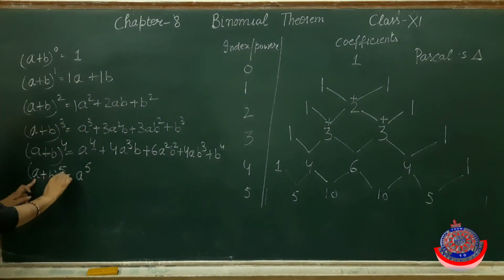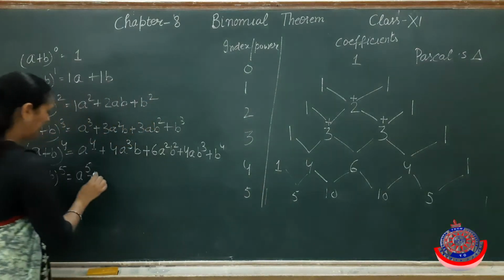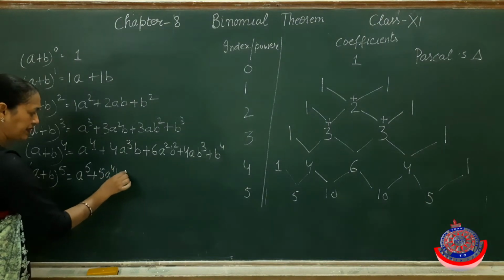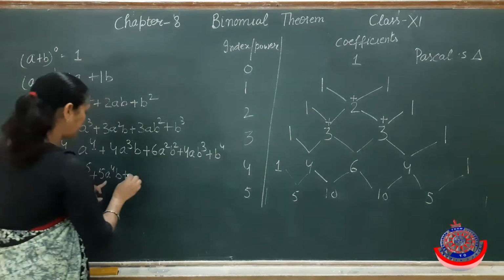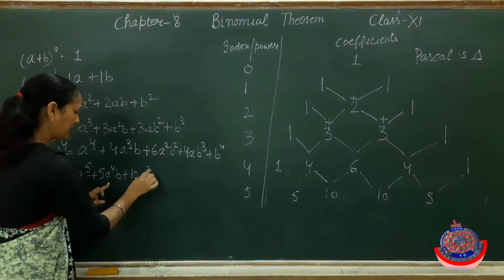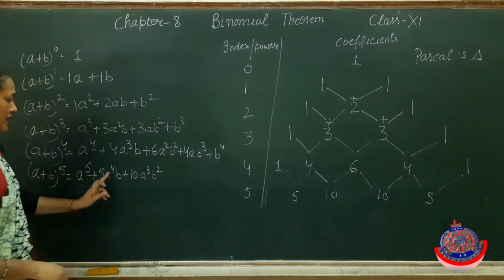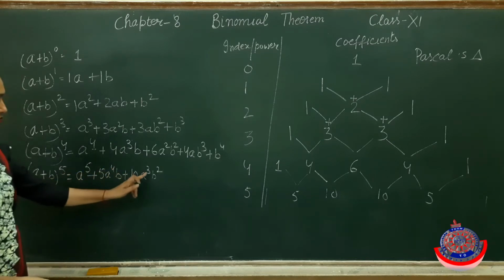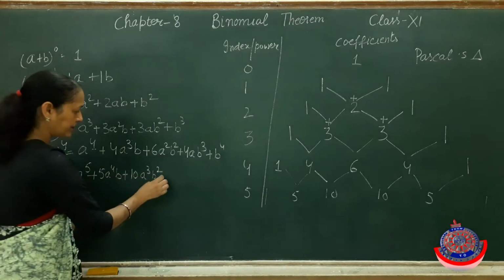First quantity, same part, A5, then 5, this will keep on decreasing, A4, B, then after 5 it is 10, 10, A3, B square, and see sum of parts, 4 plus 1 is equal to 5, 3 plus 2 equals to 5.